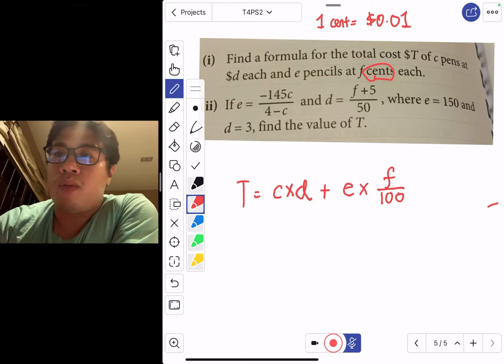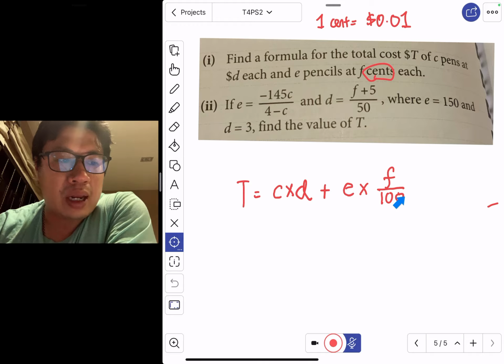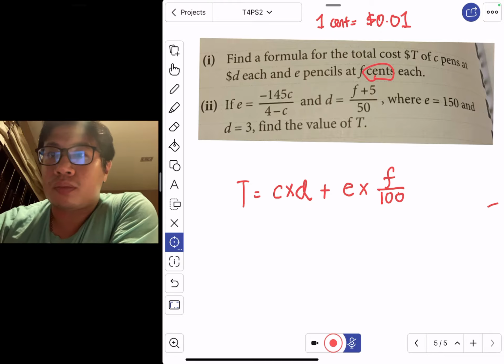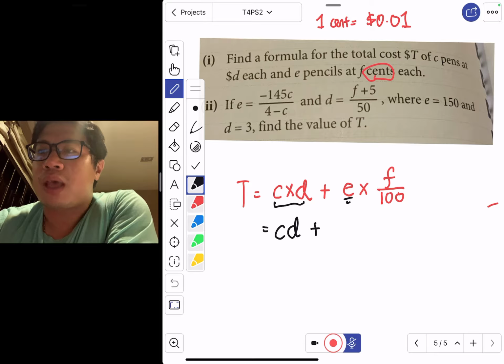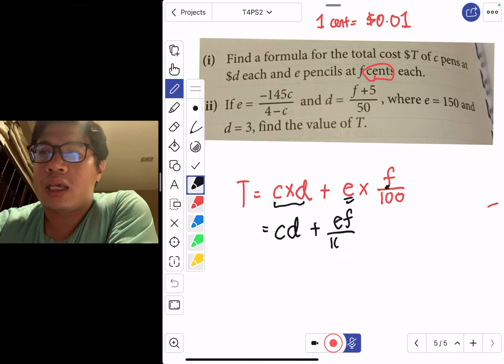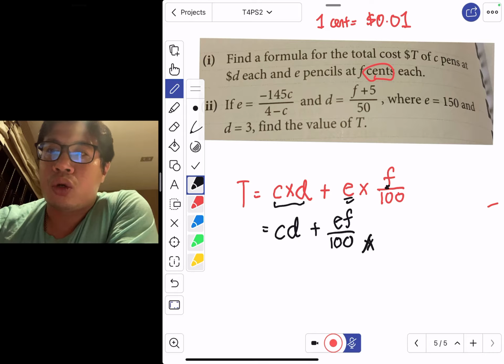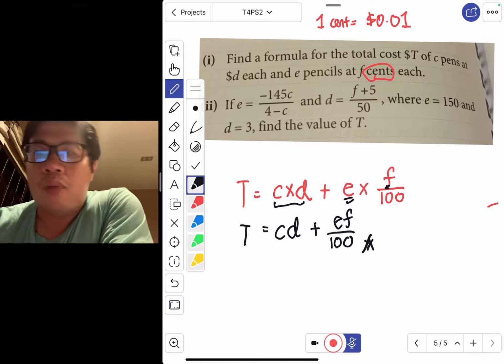To convert from cents to dollars, you have to divide by 100. Now simplifying this, in algebra we don't have to write the times, so C times D is just CD. For E times F, you're multiplying to the numerator only, that is EF over 100. So this is the formula for your part 1.